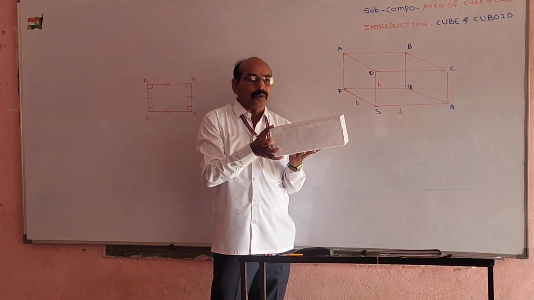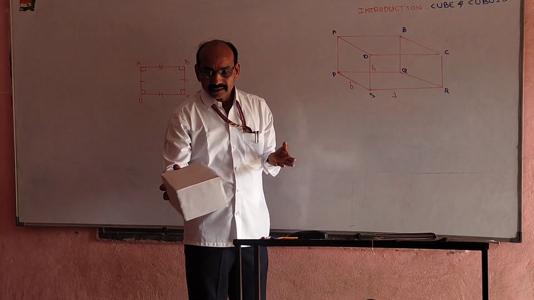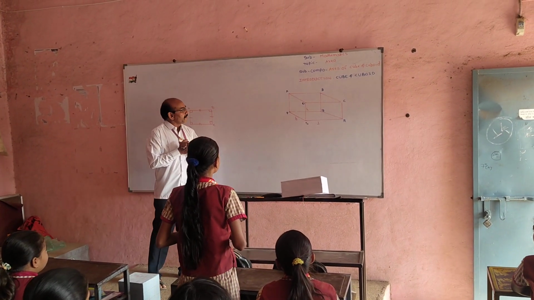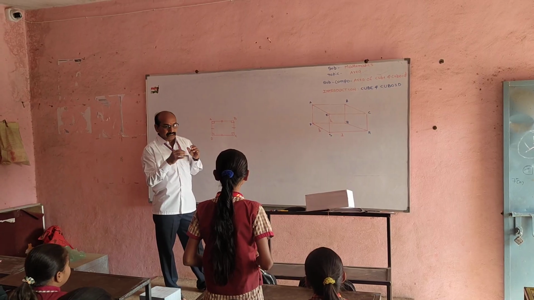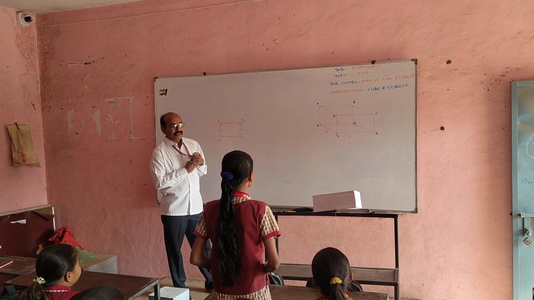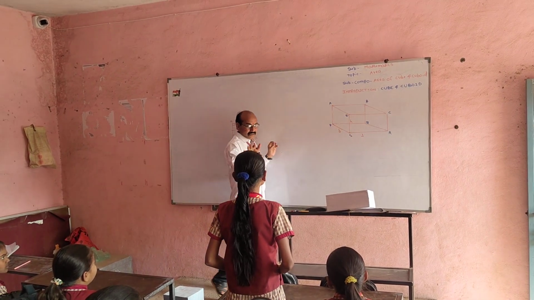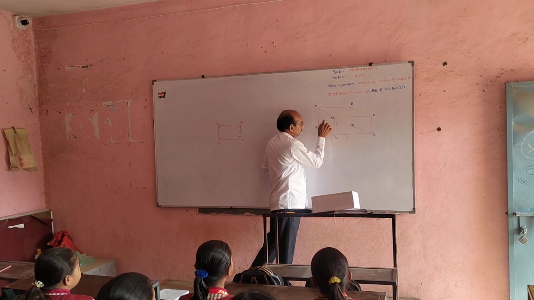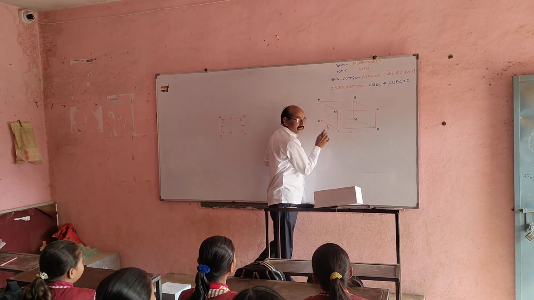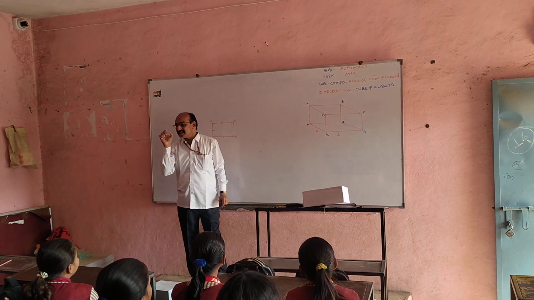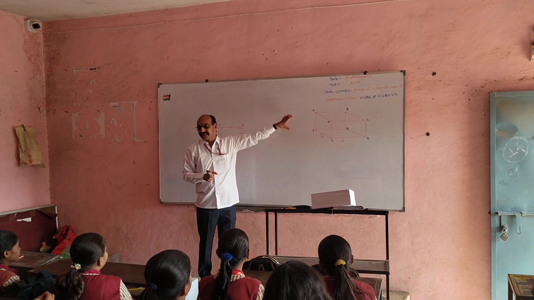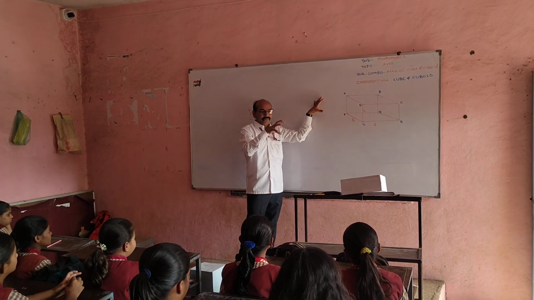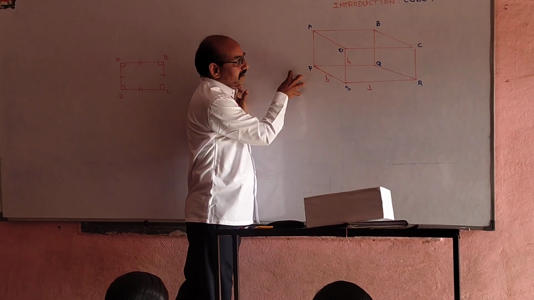The vertices of the bottom face are P, Q, R, S and the remaining 4 are A, B, C, D. So A, B, C, D, P, Q, R, S are the vertices of this object. These are the elements of this object.